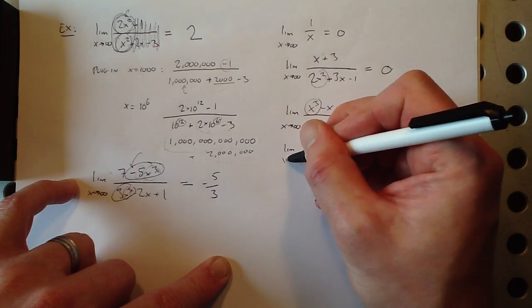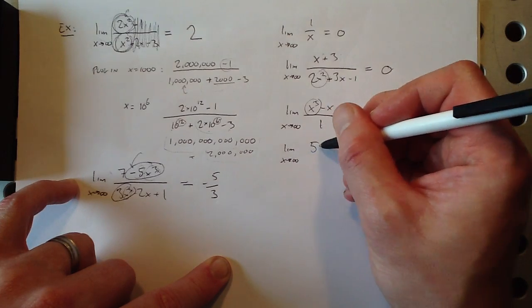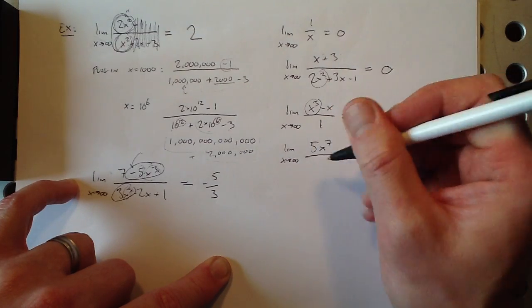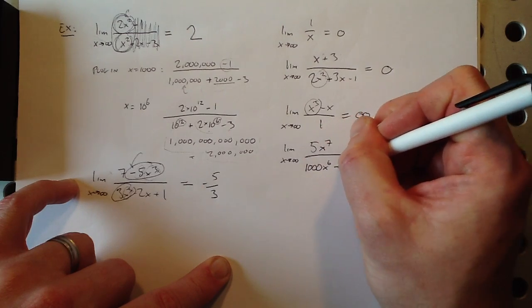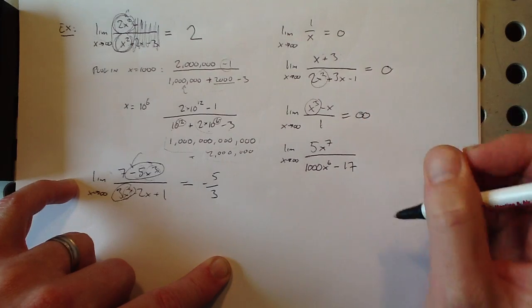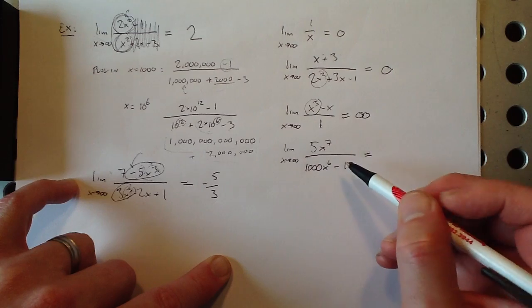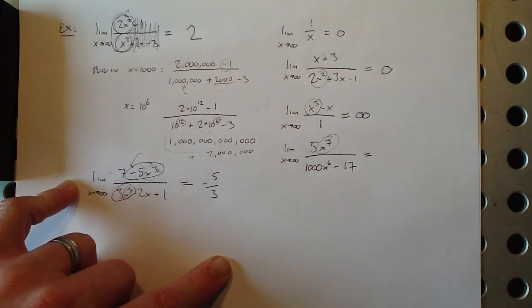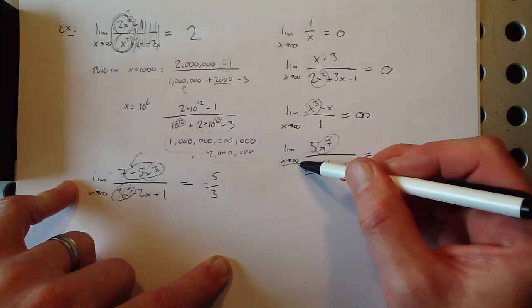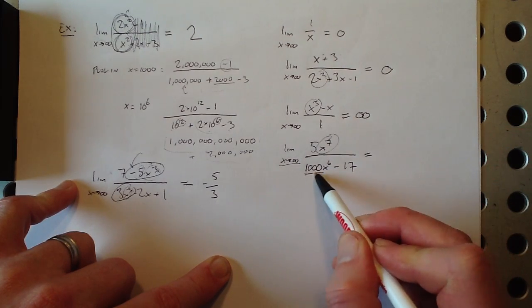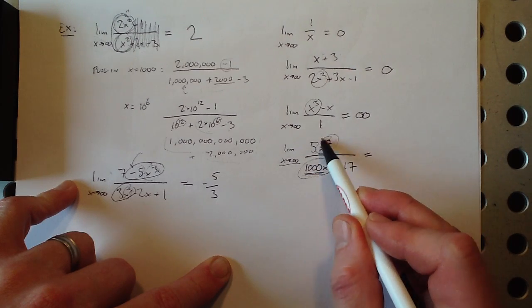How about the limit as x approaches infinity of 5x to the 7th over 1000x to the 6th minus 17? What about that? Well, where's the highest exponent? It's on the top. So even though this has 1,000 in front of it, because x is going to blow up to infinity, this ultimately is going to fade compared to this.